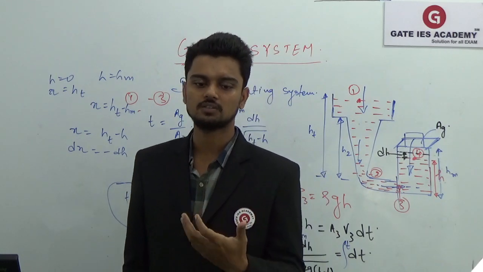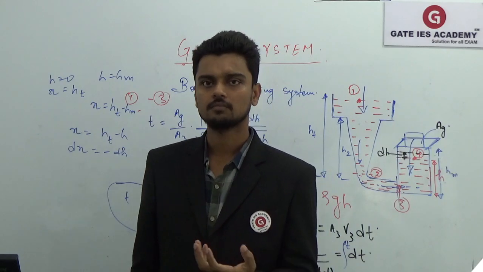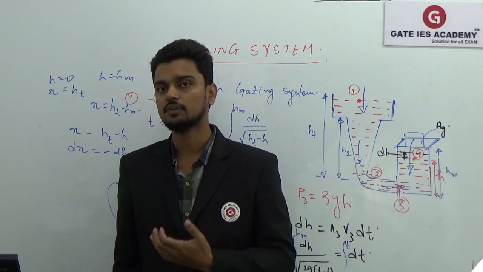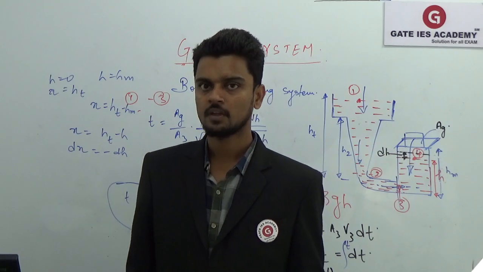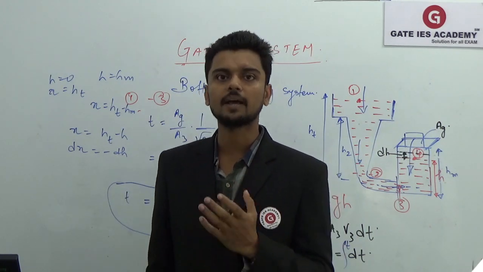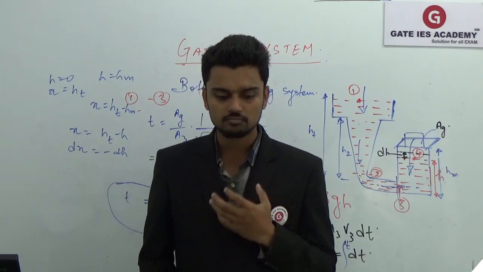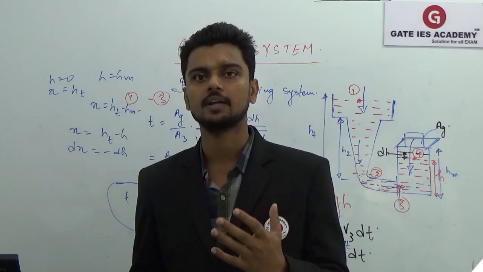We can use this for castings which are deep, in which case we cannot use the top gating system. But in top gating system, what we saw is that there was a favorable temperature gradient. Favorable temperature gradient means molten metal started solidifying from the bottom of your cavity.